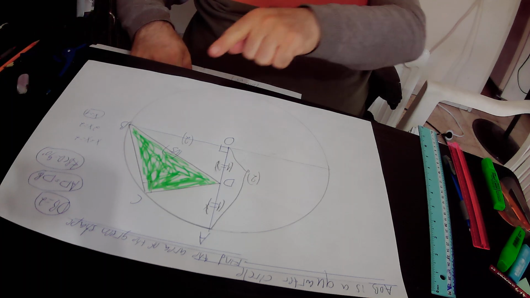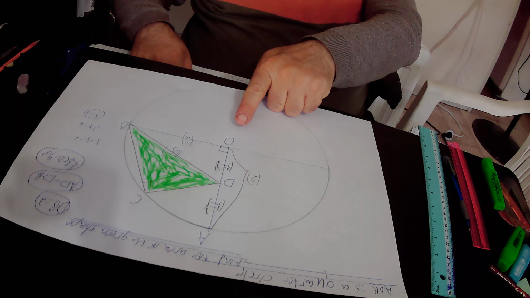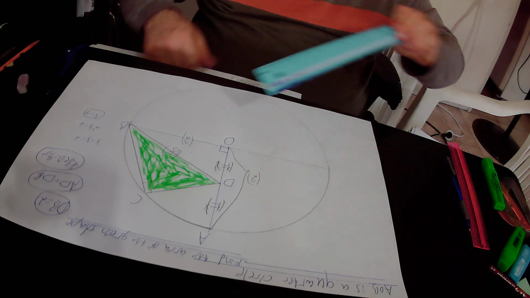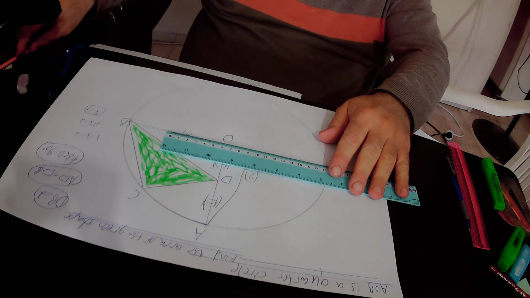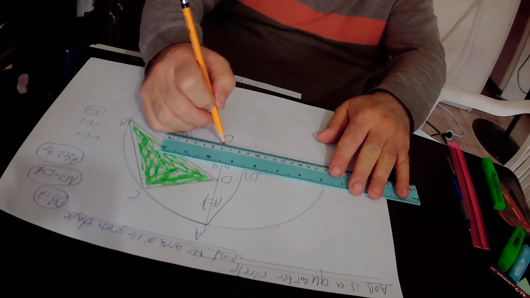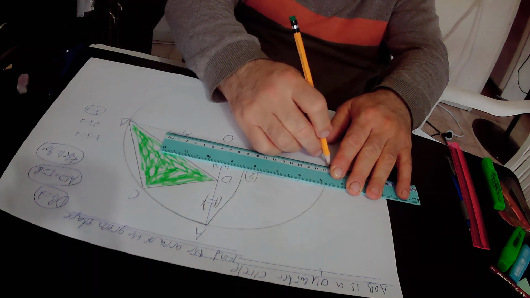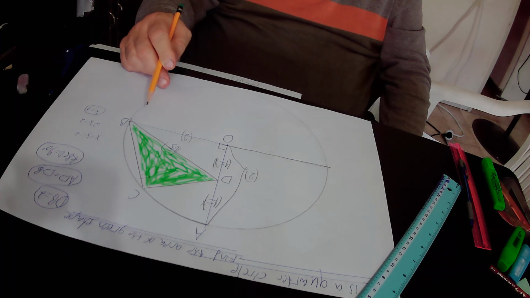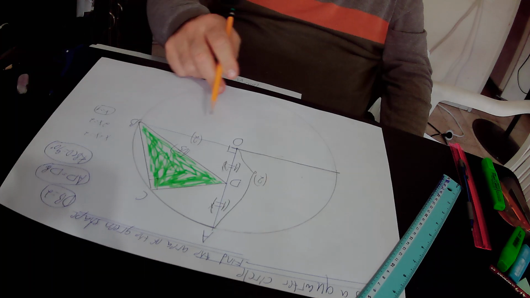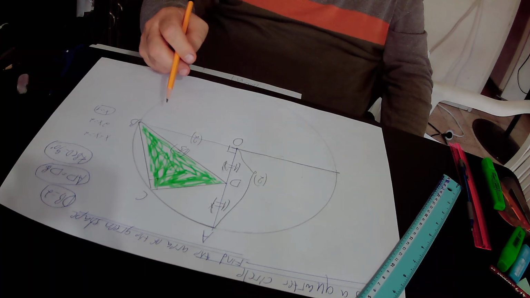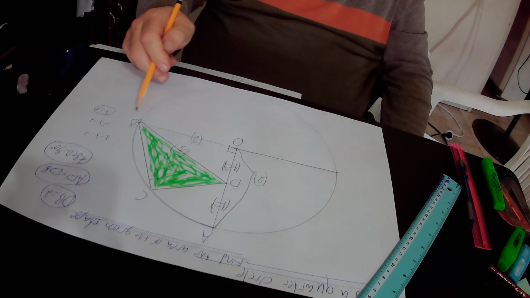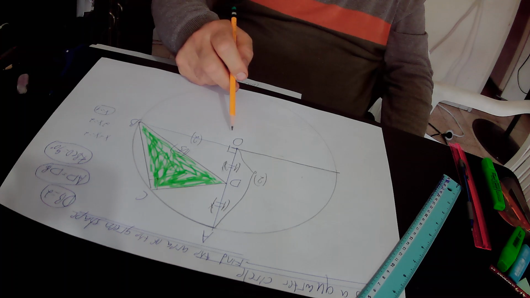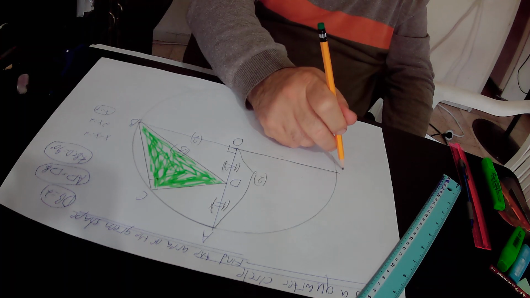In the next step, we'll extend the radius BO by a straight line until it touches the circle. BO as a radius is absolutely a straight line. When we extend the straight line BO by a straight line, the result must be a straight line. So this is a straight line. We define the touching point of the extended straight line BO with this circle as point P.